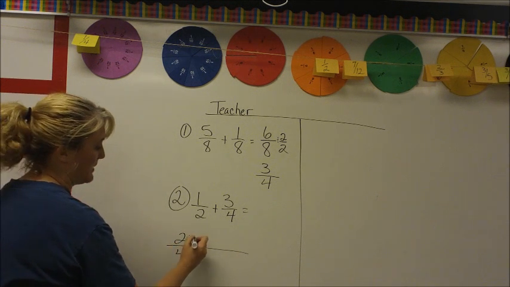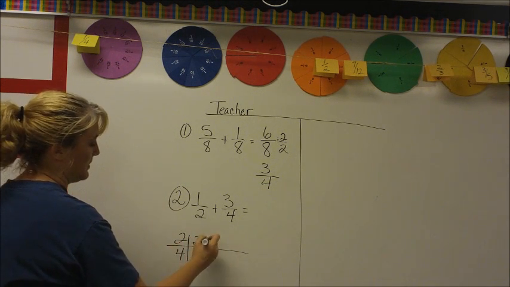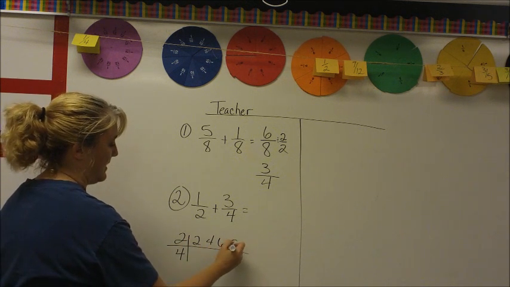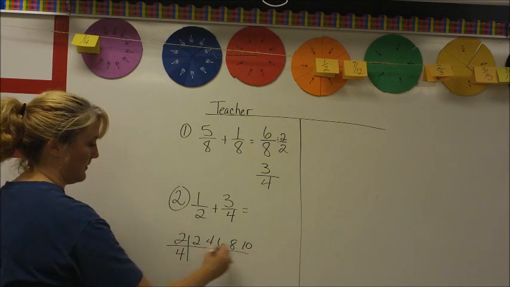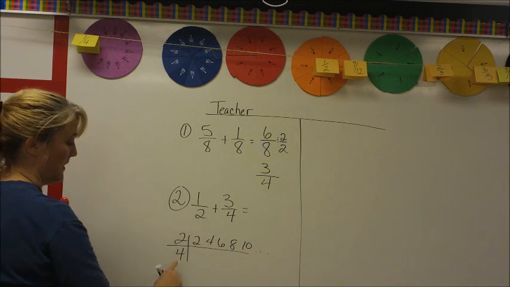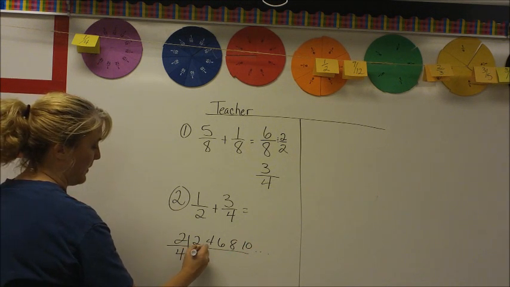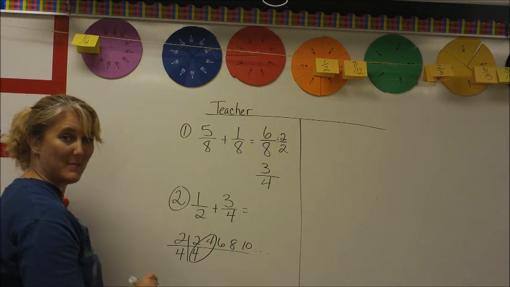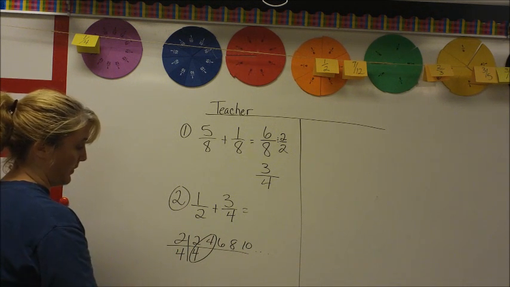Okay, 2 times 1 is 2, 2 times 2 is 4, 2 times 3 is 6, 8, 10, okay, we can keep going if we need to. 4 times 1 is 4. Now look, I've already got a match. So that's my common denominator, 4.